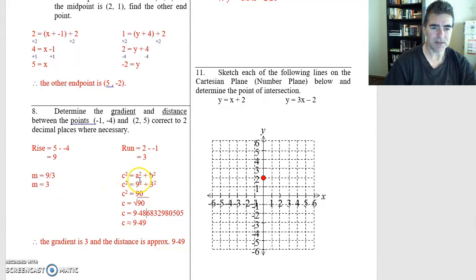To find my distance, again using Pythagoras' theorem, substituting my rise and my run, and I only want 2 decimal places, so when I work that out, I get a big long decimal. I only want 2 numbers after the decimal point, put my line down, check the next digit, it's a large digit, so I add 1 to the digit in front. So the distance between those 2 points is approximately 9.49.